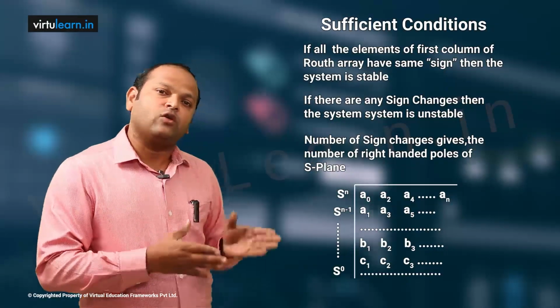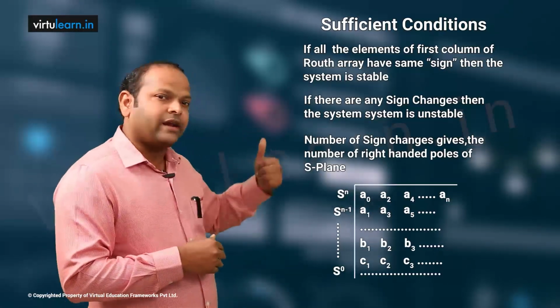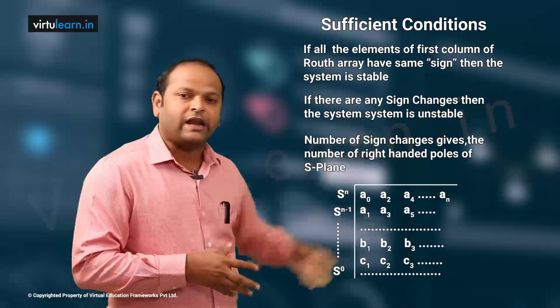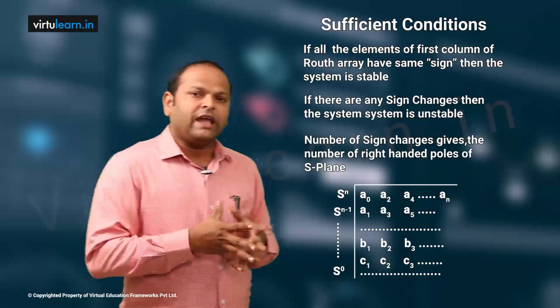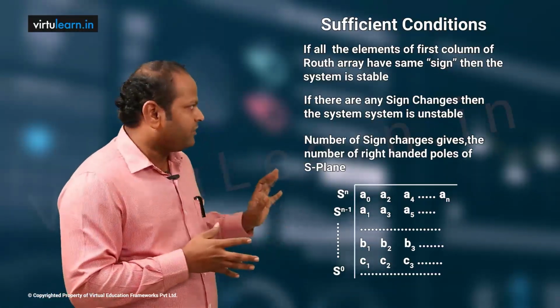We know that if there are no poles in the right of the S-plane, my system is stable. Now if there are any sign changes, yes, there exist one or two poles in the right of the S-plane, which means my system is unstable. So with the help of the Routh array, we can find out the stability of the system this way.